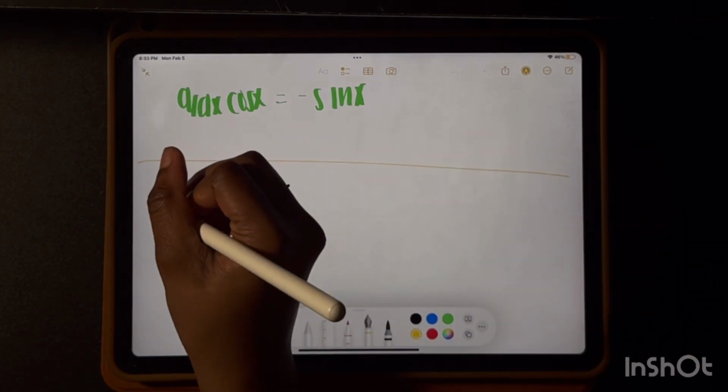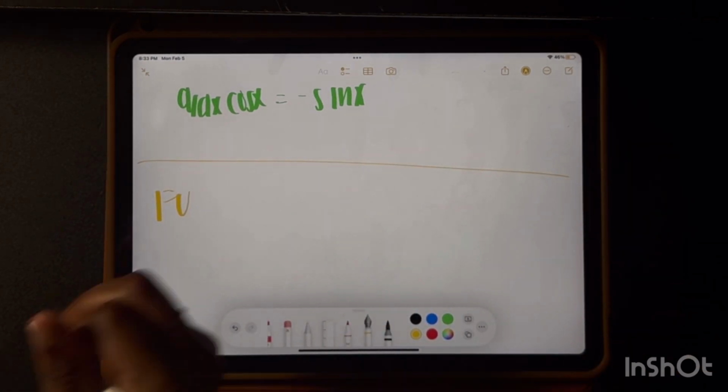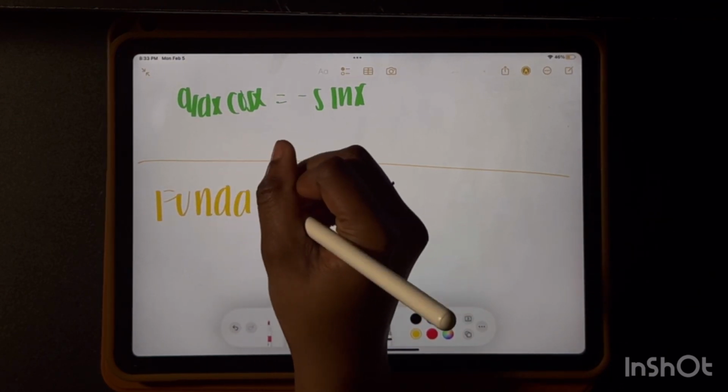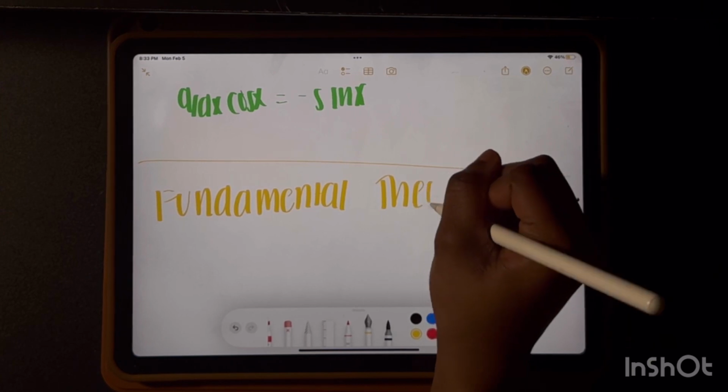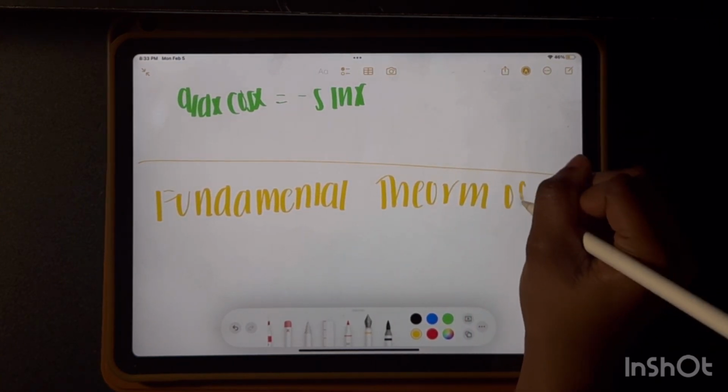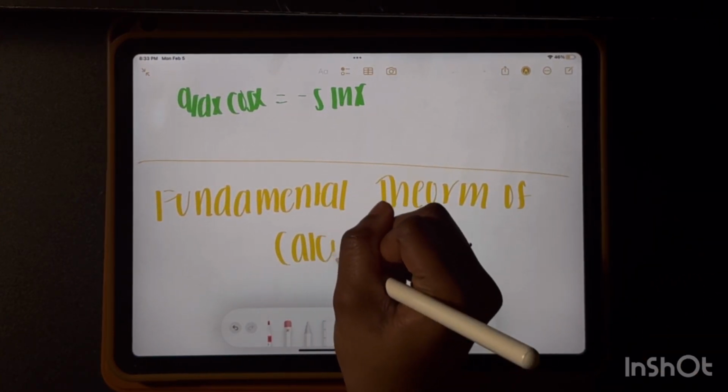Now let's look at the fundamental theorem of calculus.